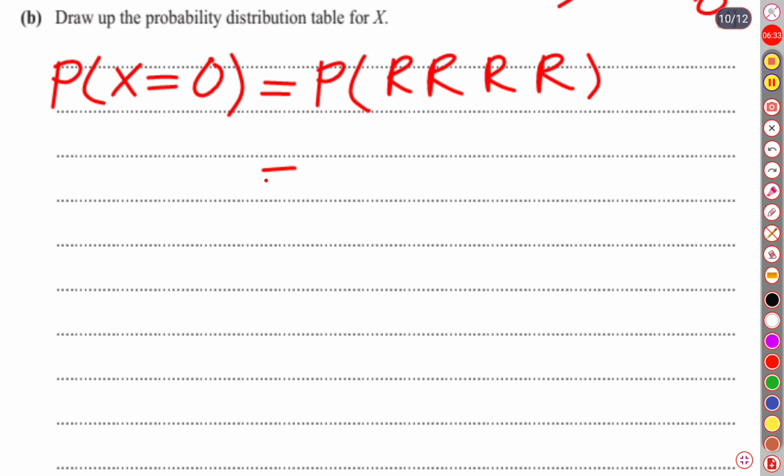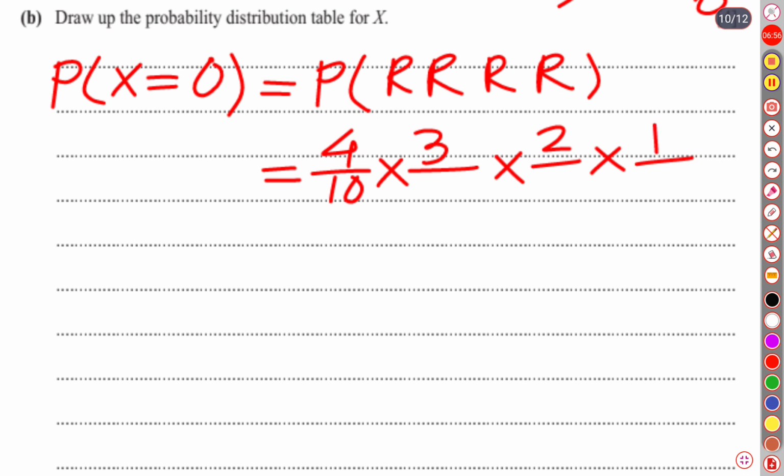If the first one is red, there are 4 red marbles, so the probability of the first one is 4 over 10. Now as one marble has already been taken away without replacement, both the total number and the number of red marbles have decreased by 1. So it is 3, then 2, then 1, and every time the total number is also decreased by 1, so 9, 8 and 7.